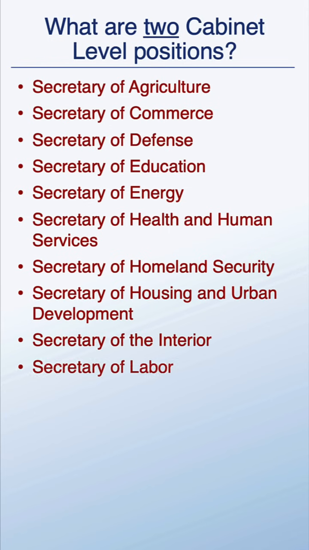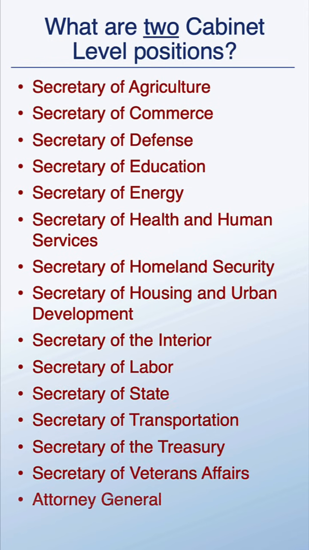We have the Secretary of Agriculture, the Secretary of Commerce, Secretary of Defense, Education, Energy, Health and Human Services, Secretary of Homeland Security, Housing and Urban Development, Secretary of the Interior, Secretary of Labor, Secretary of State, Transportation, Treasury, Secretary of Veterans Affairs, the Attorney General, and the Vice President. All of those people are on the President's Cabinet. You'll just need to know 2 of those cabinet-level positions.